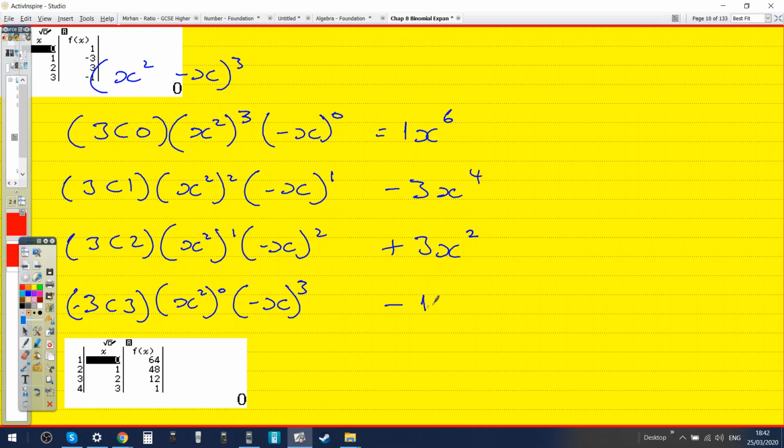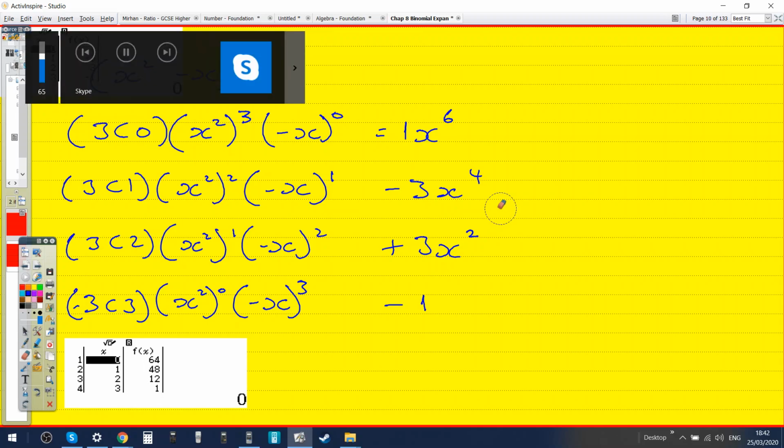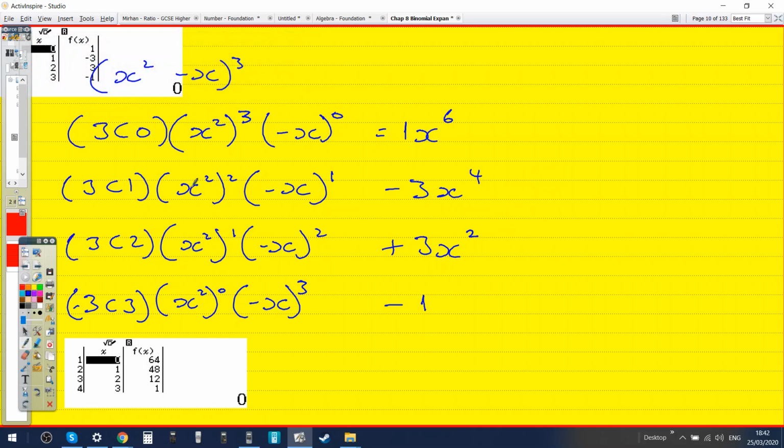Yeah. Hold on though. Let's go back to this x to the 4. We also have to times it by the x in the other bracket. So you had x to the 4, but it's also times this x here.